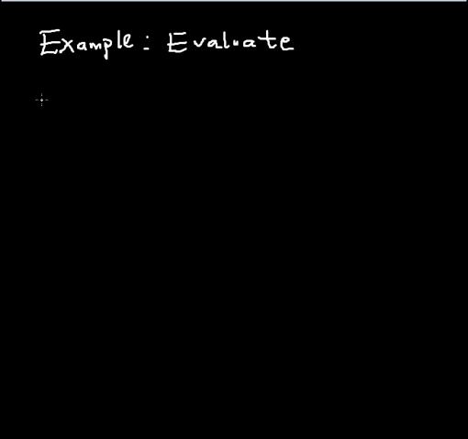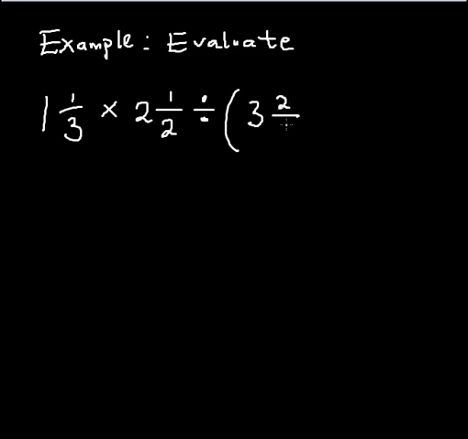Evaluate 100 bar 1 over 3 times 200 bar 1 all over 2 divided by bracket open 300 bar 2 all over 5 times 5 all over 7.